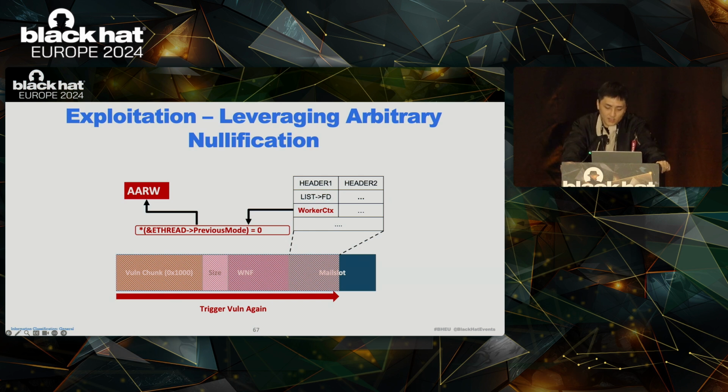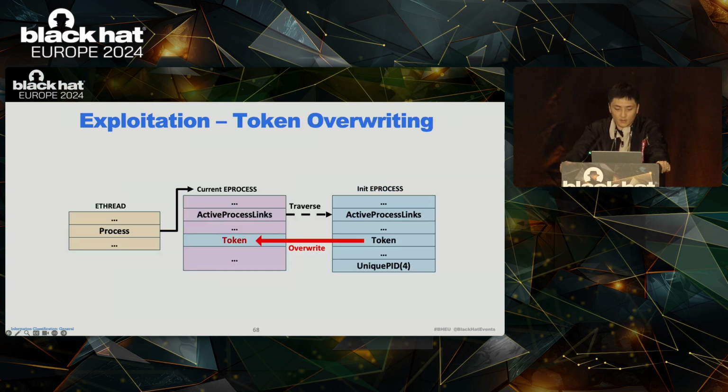We leveraged this to create the AARW primitive by overriding previous mode of the current thread object. The final steps are quite straightforward. First, we follow the process link present in the current thread process object to retrieve the address of the init process object. Next, we read the token object of the init process and overwrite the token member of the current process, thereby performing privilege escalation.